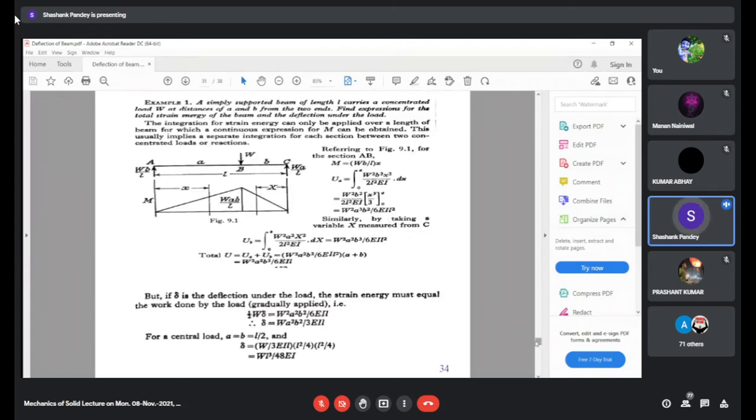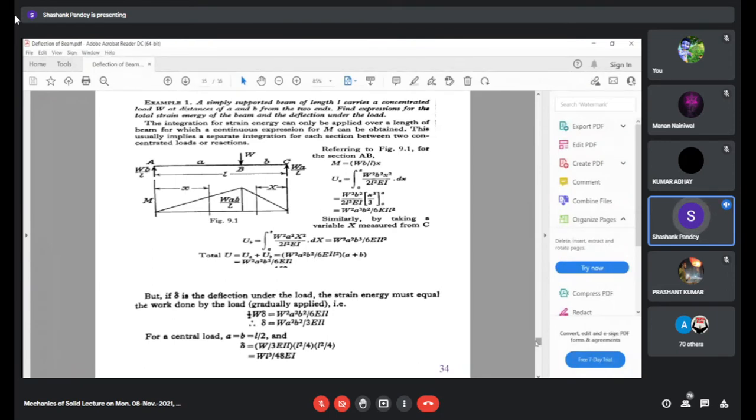On substituting, the strain energy corresponding to the portion between A and B will be equal to W square b square a cube upon 6EI L square.